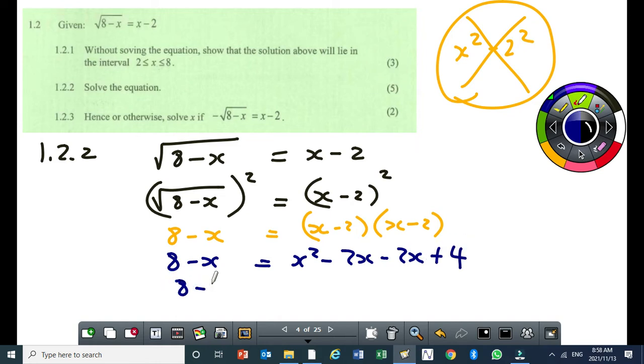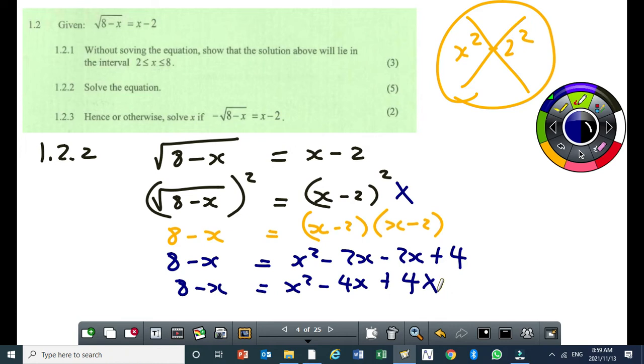So this will give me 8 minus x equal to x squared minus 4x plus 4. It's okay if you can move from this step straight away to that step. Right, it's fine, if you want to do it that way.